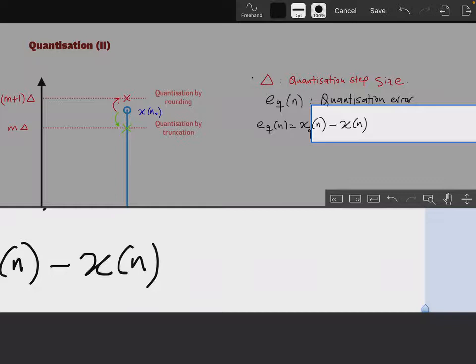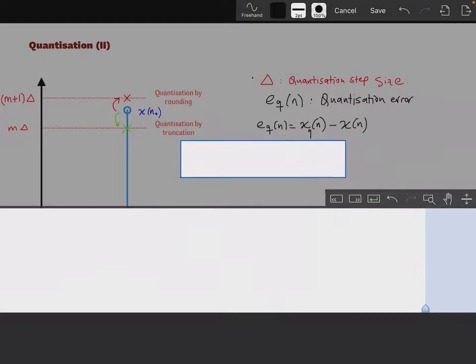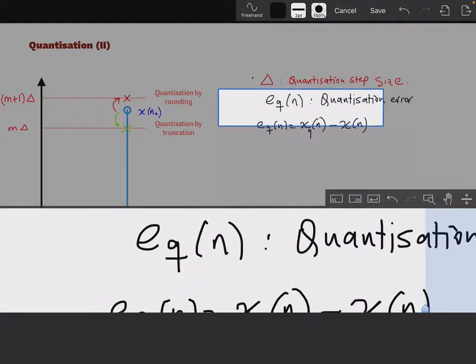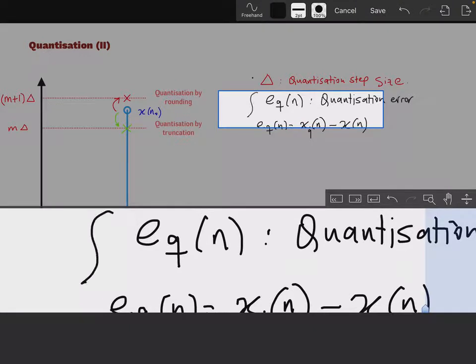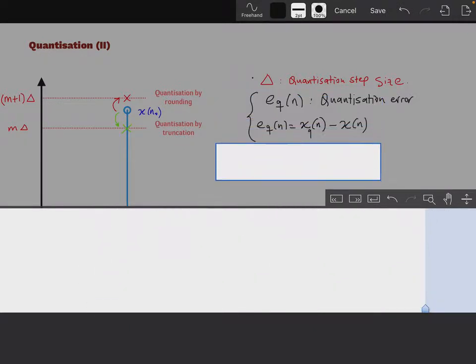Now let's define our quantization step size once again. We're going to have something slightly different here.